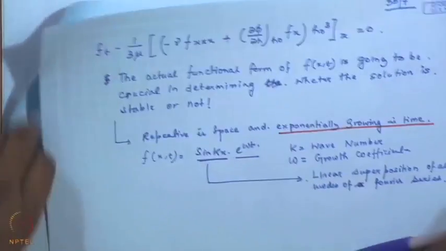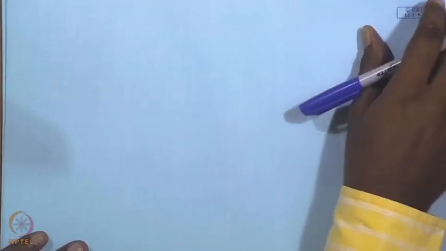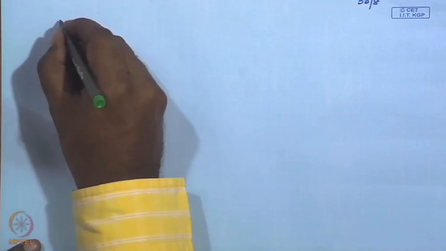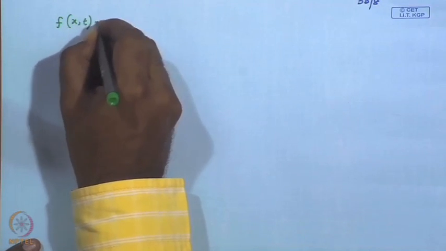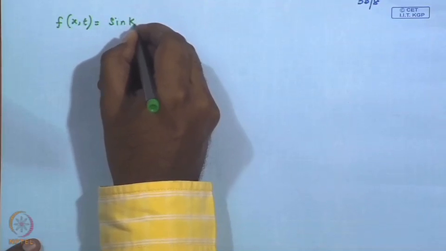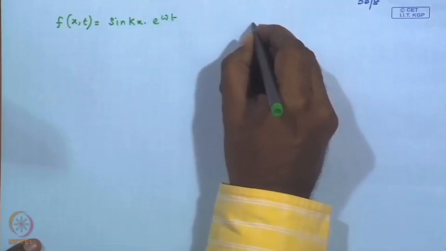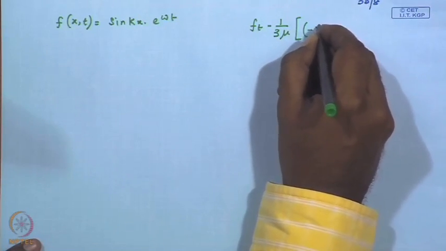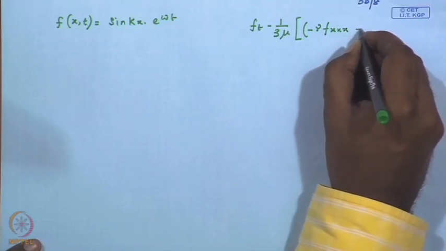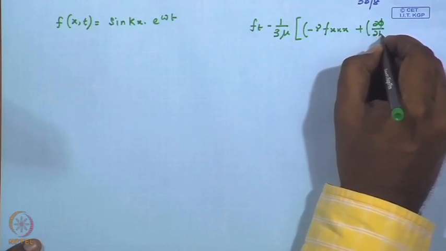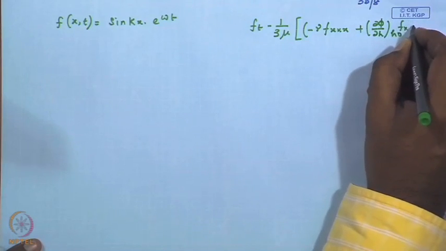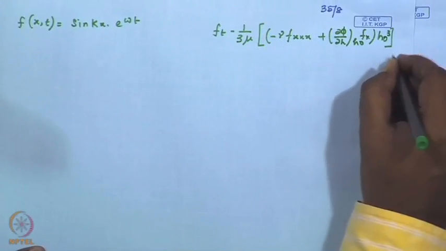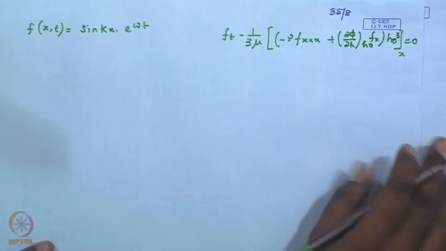So, considering this functional form, this is the equation we would like to have in place.